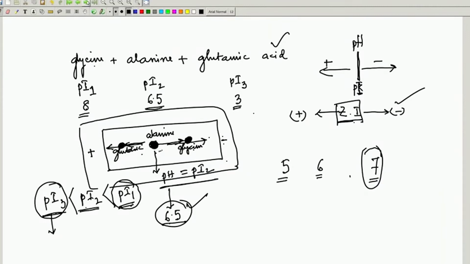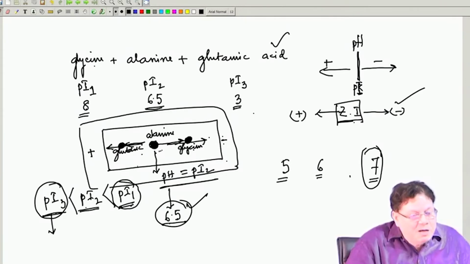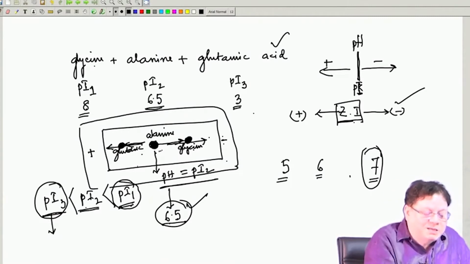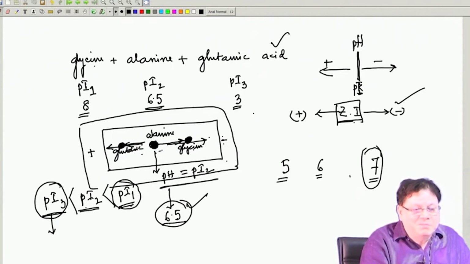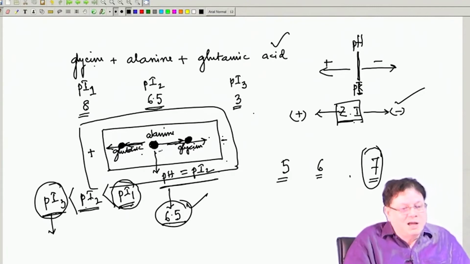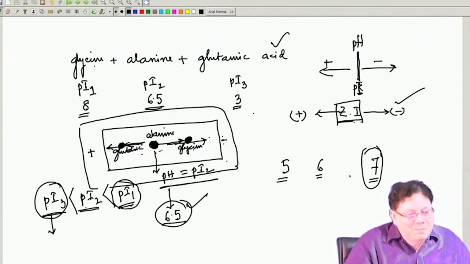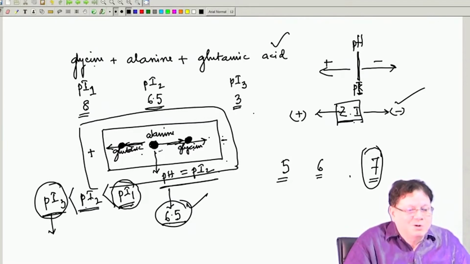Now, one point is here: how do I know where the amino acids are in this piece of paper, because amino acids are not colored? Although I have spotted the amino acids here to start with, and they have separated into 3 spots, the question is how do I know where these spots are? Okay. So, I should have something to visualize these amino acids.